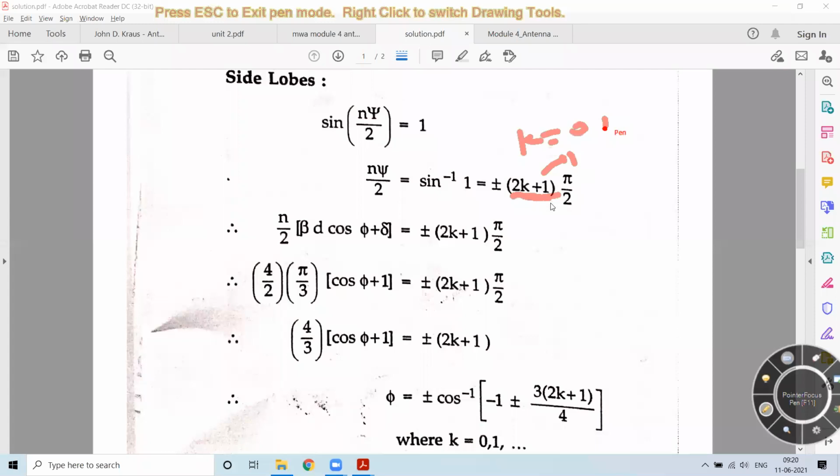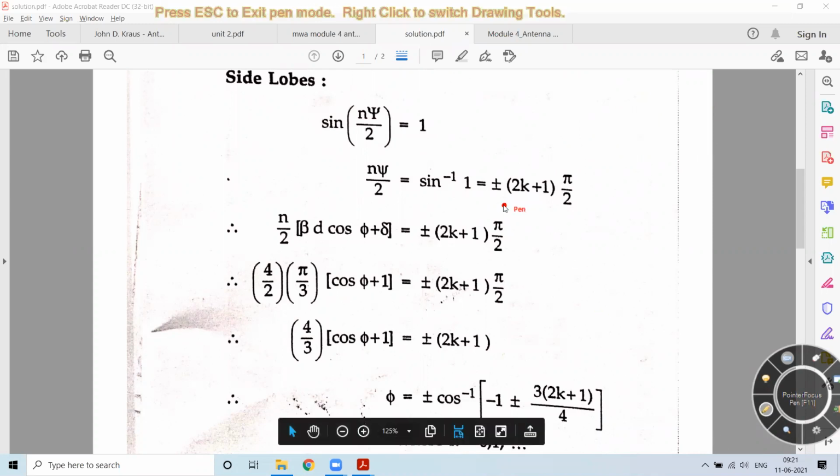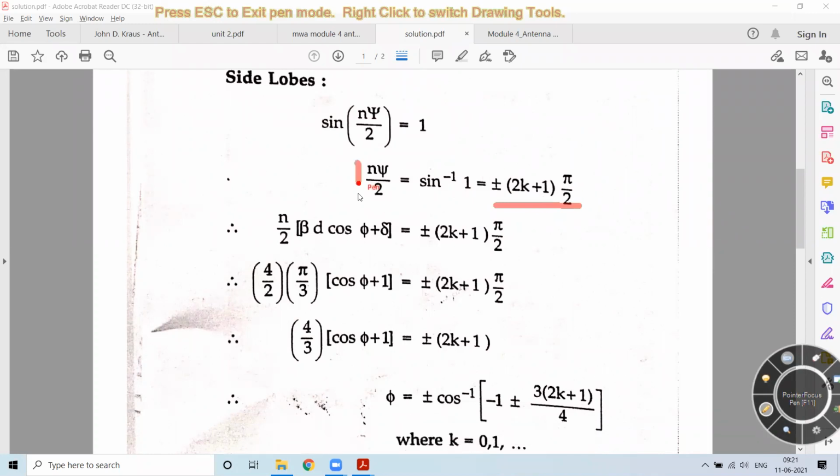If k is equal to 1, then this value is 2 into 1 plus 1, which is 3. If k is equal to 2, this value is 5. So you'll be getting all the odd values. So here we have plus minus (2k plus 1) into π/2, and this nψ/2 will be equated to this parameter.